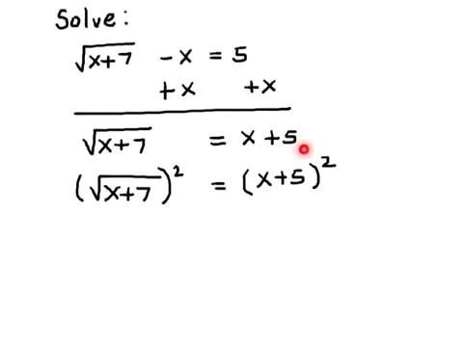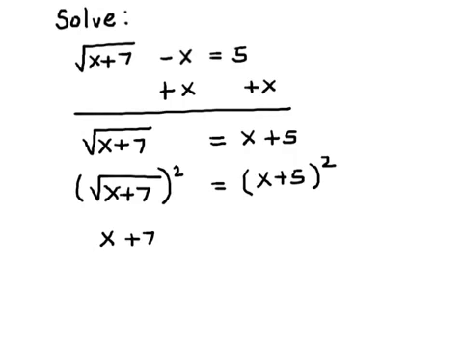Same way I wrap up the right-hand side and square it. Now the left-hand side gives you just x plus 7. The square root and the square bring the radicand out of the radical sign.